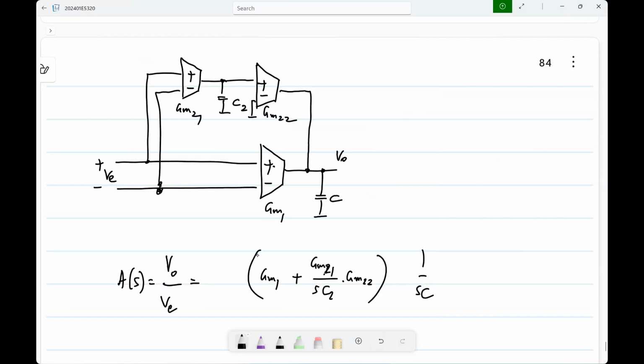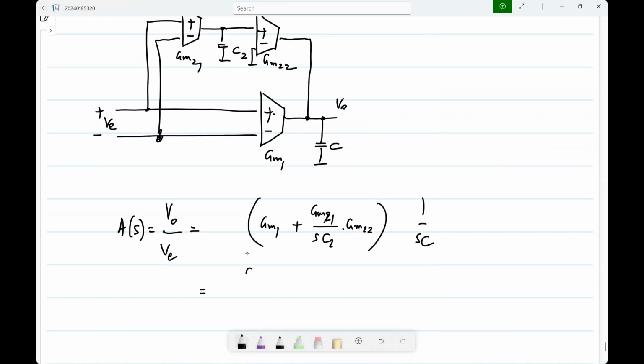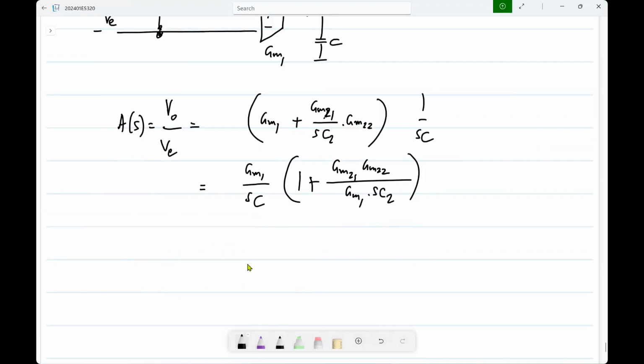This can be written as GM1 by SC1 plus GM21 GM22 by GM1 times SC2, right? Which is of the form omega u by S times 1 plus Z1 by S. Okay. Does this ring a bell?